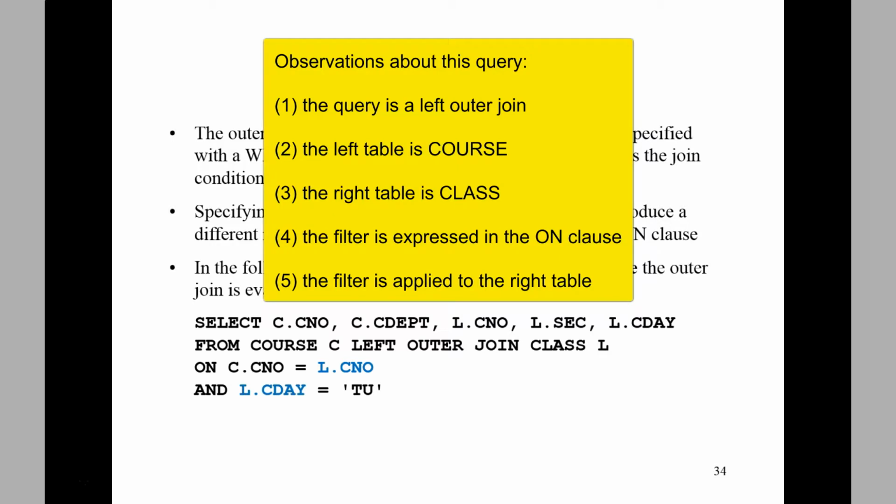So let's make some further observations about this particular query. The query is a left outer join. The left table is course, the right table is class. The filter that is applied is specified within the ON clause and is applied to the right table.